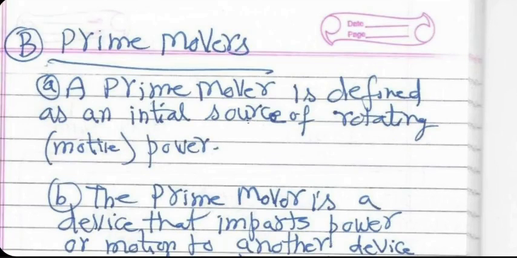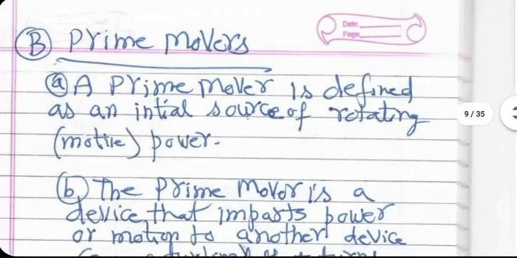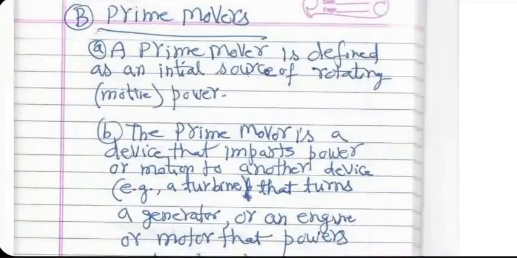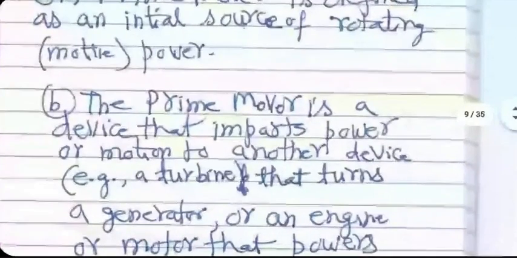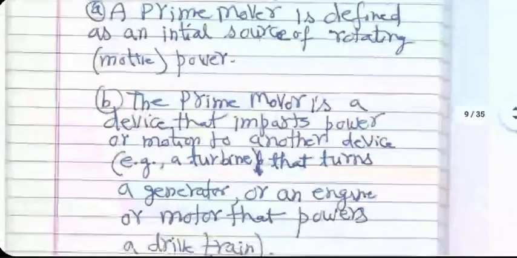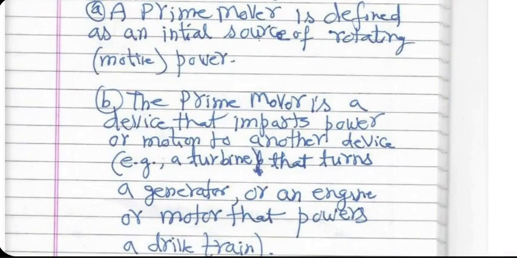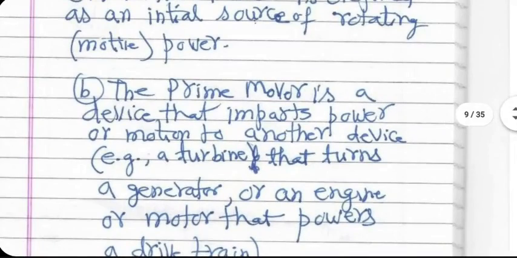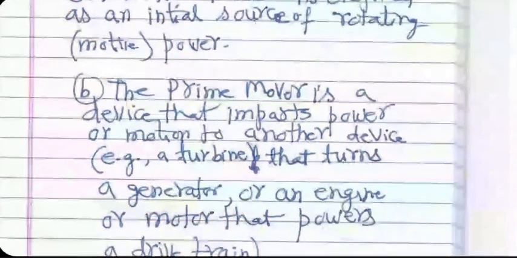It could be a man-made source also. So turbines are one example of prime movers. Another definition is the prime mover is a device that imparts power to another device, imparts motion to another device, that turns a generator.